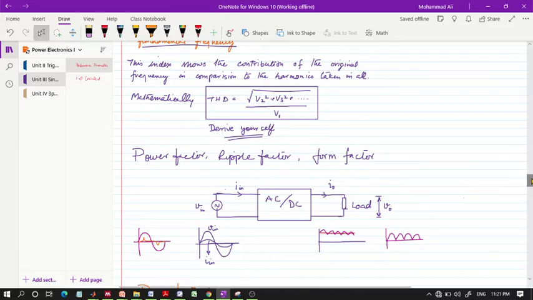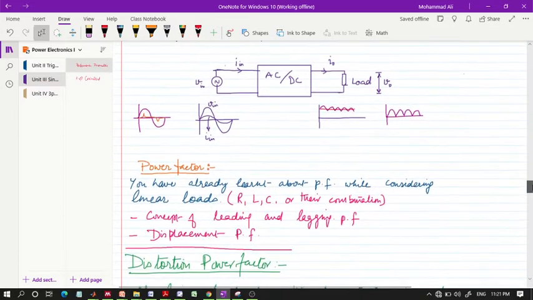So now coming to the main circuit that we are going to deal with in this course, the AC to DC converter, and that too by using thyristors. So we are having an AC supply over here and a load over here. Normally this is an AC source which is having a waveform like this, and at the output we are having a DC load.